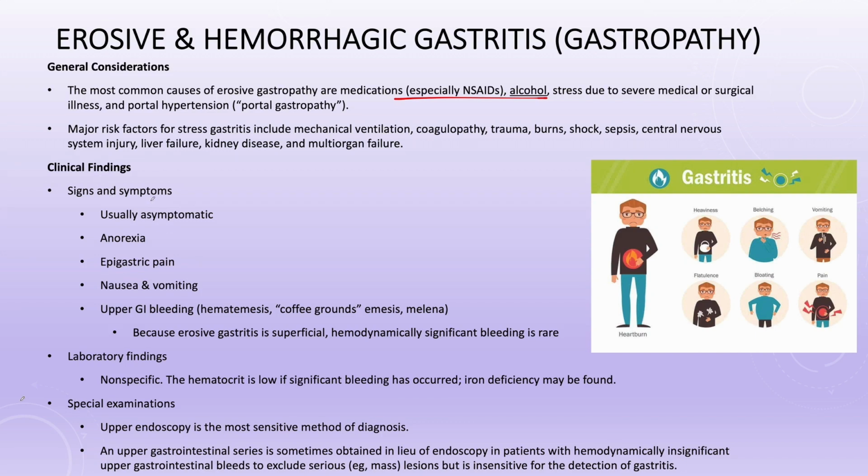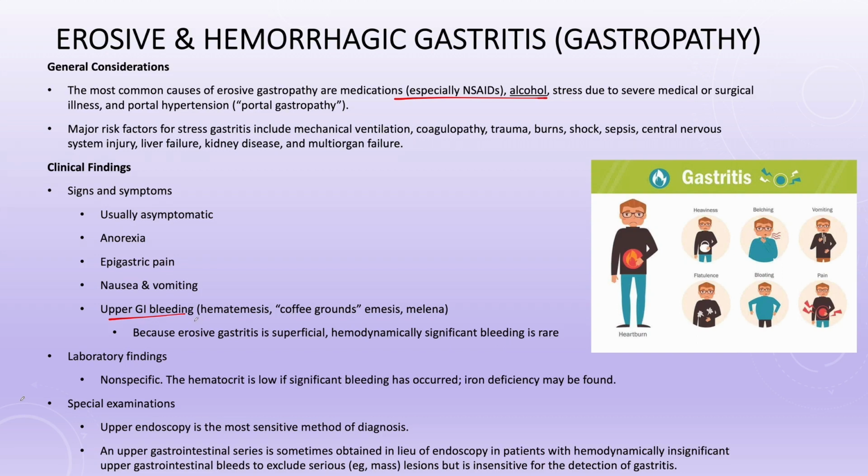Clinical findings are similar to what we've already seen. It can be asymptomatic, but they can get the same thing: epigastric pain, anorexia, nausea, vomiting, and then GI bleeding. So gastritis can cause significant GI bleeding. Because erosive gastritis is superficial, bleeding is pretty rare, but we still can see it.